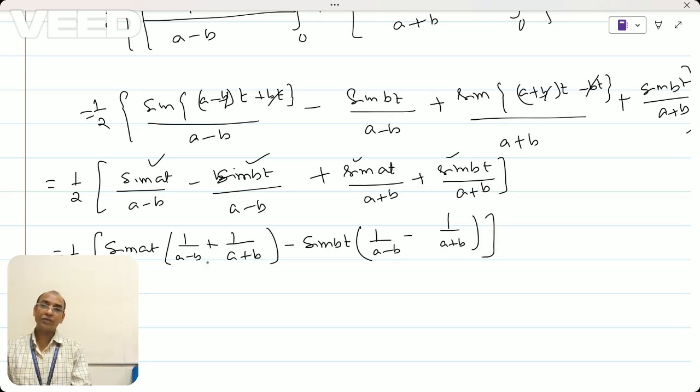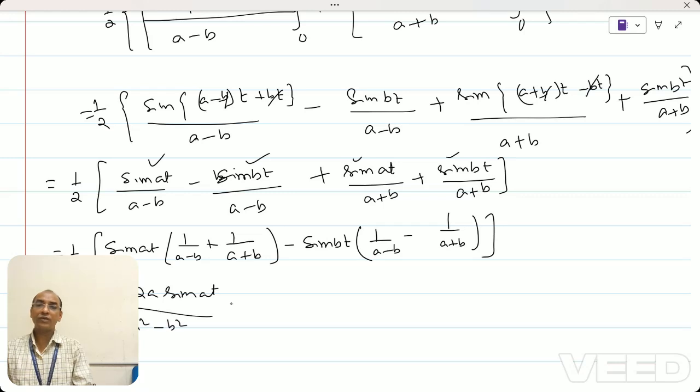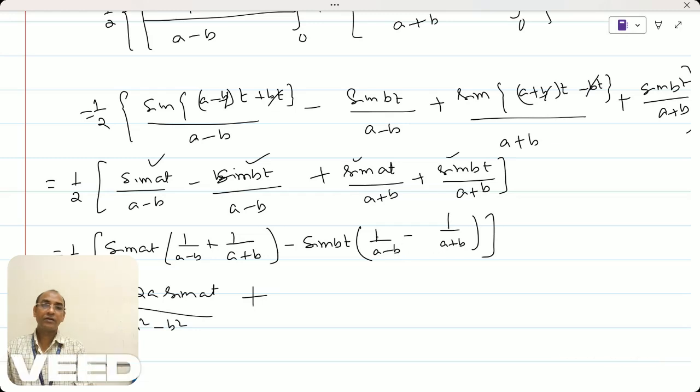Okay, so 1 by a minus b plus 1 by a plus b is 2a divided by a square minus b square. So I will have 1 by 2 into 2a sin at divided by a square minus b square, and plus this one, 1 by a minus b minus 1 by a plus b, is 2b divided by a square minus b square, so minus 2b sin bt divided by a square minus b square.